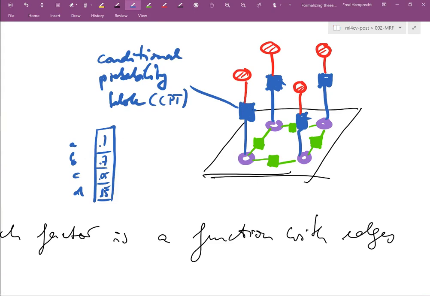A random variable being observed means that I don't need to take it into account for my modeling here. The only thing that matters is the conditional probability table. And the conditional probability table will, of course, look different for each of the pixels because the random forest has seen different observations for each of the pixels.